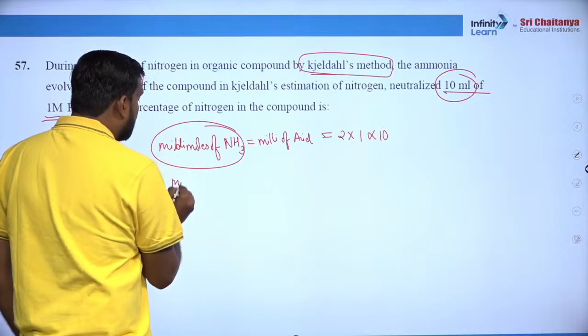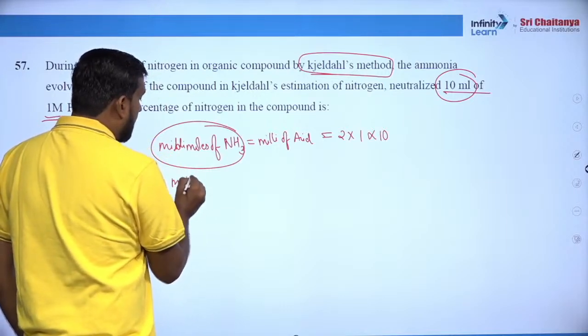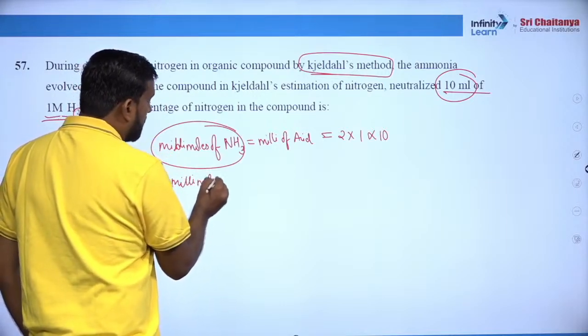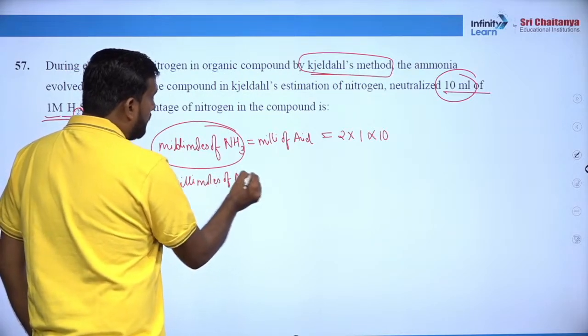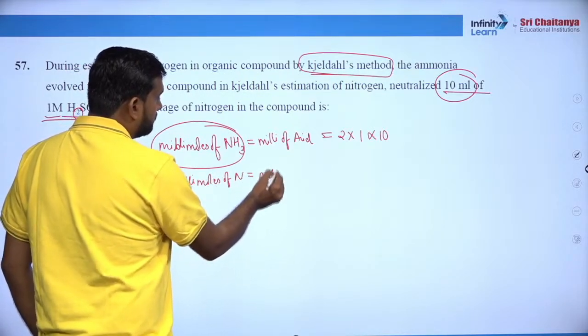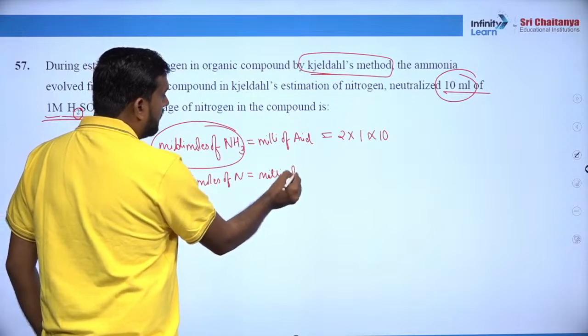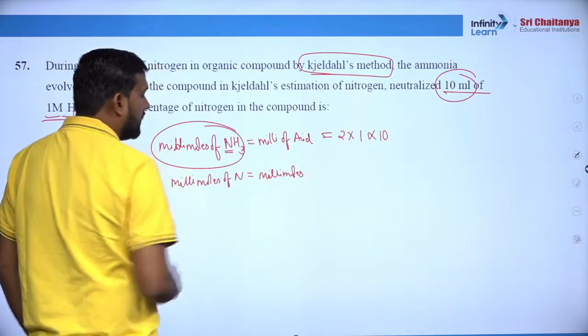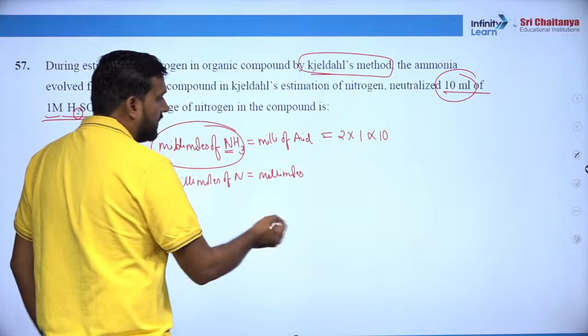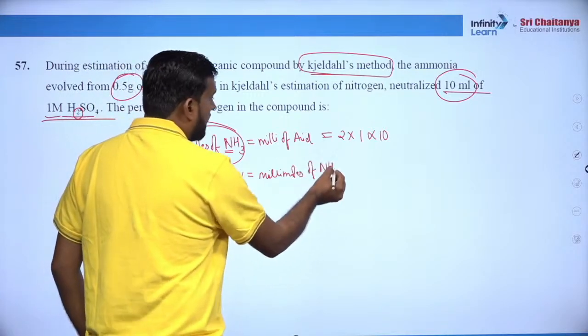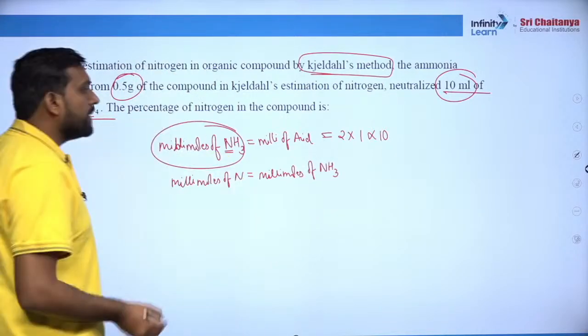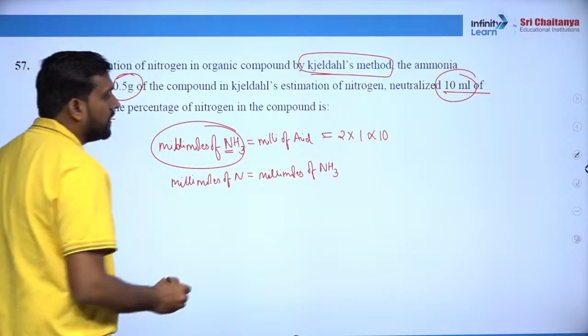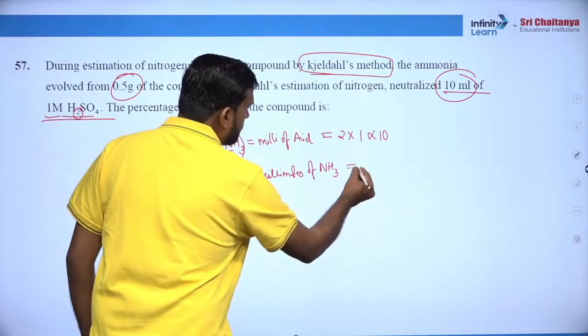Can I say that NH3 contains only 1 nitrogen, so millimoles of nitrogen will be equal to millimoles of NH3? So millimoles of nitrogen will be equal to millimoles of NH3, and this is equal to 20.